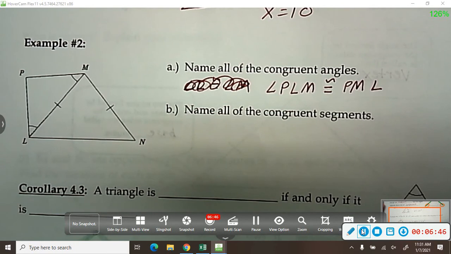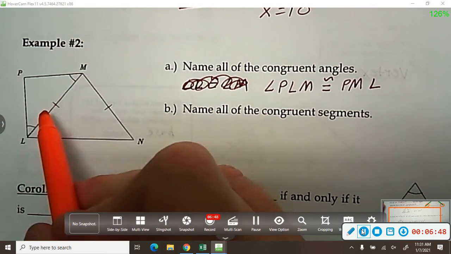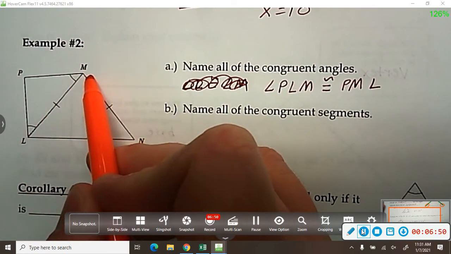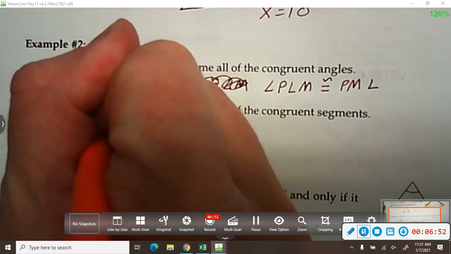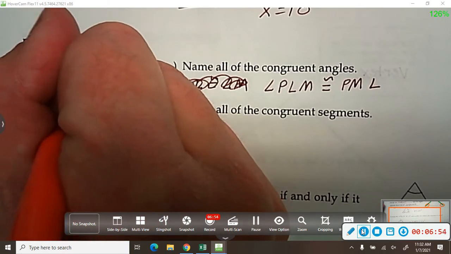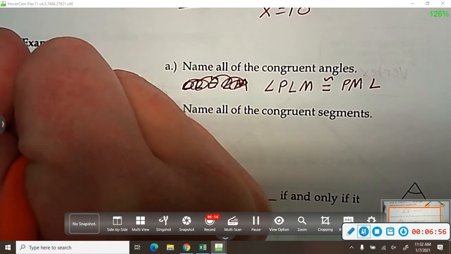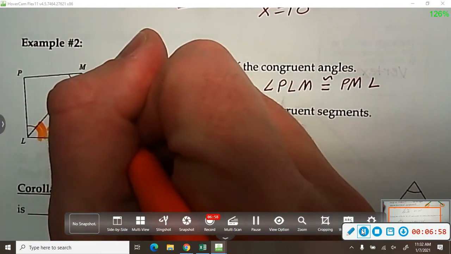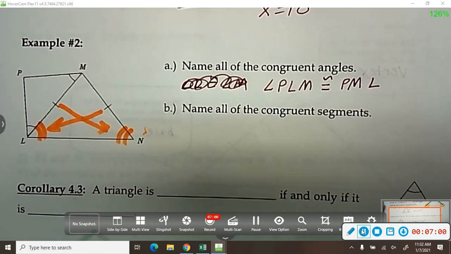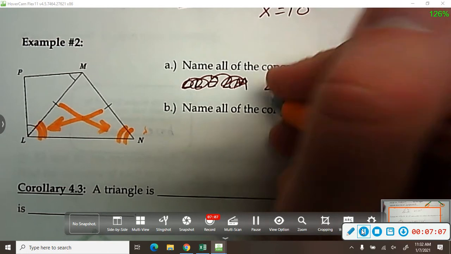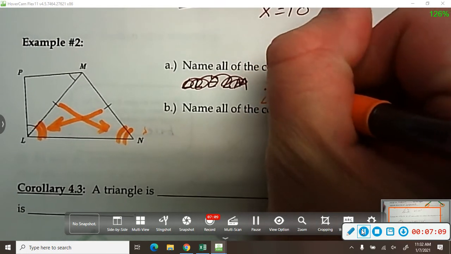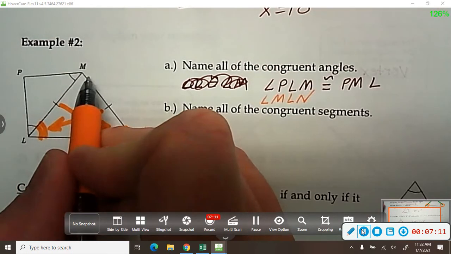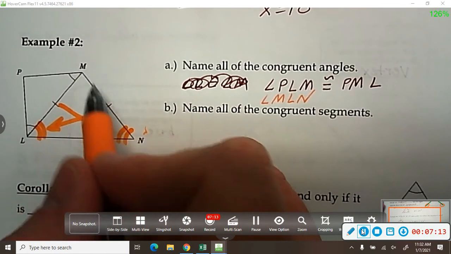And then I also know that if this side equals this side, then the angles opposite those sides are also congruent. So I know this angle equals this angle. And so I could say that angle MLN is congruent to MNL.